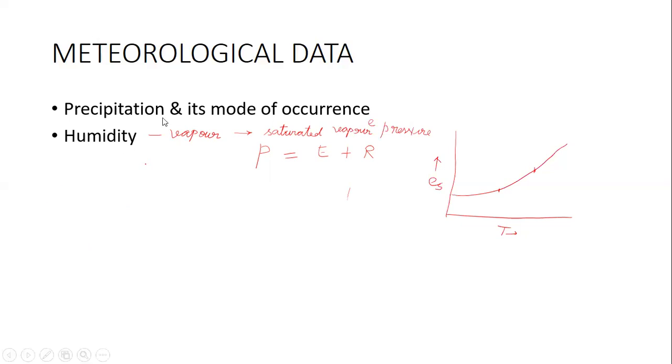Then we have our next meteorological data, that is radiation.